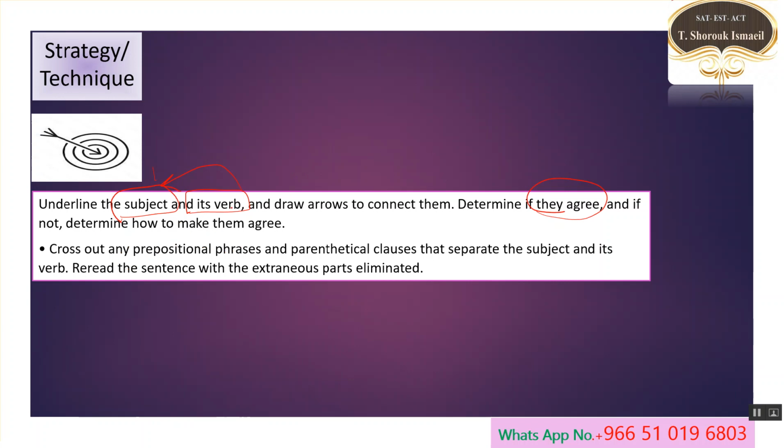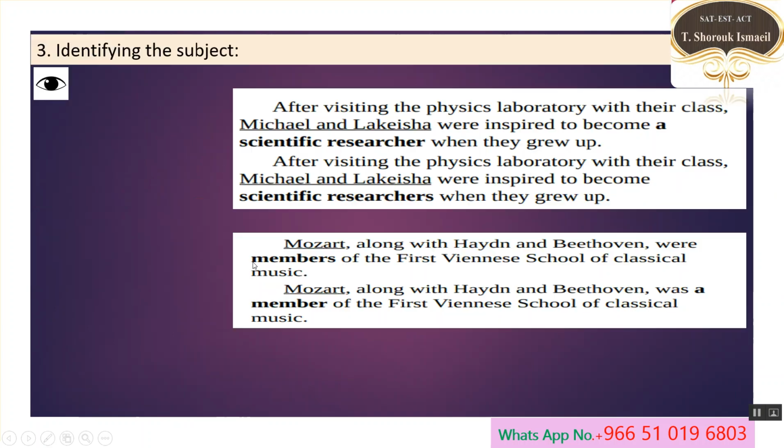And then I make an agreement. Then I need to cross out any prepositional phrases. It's not only prepositional phrases. Today we're going to talk about a lot of separators that come between the subject and the verb.